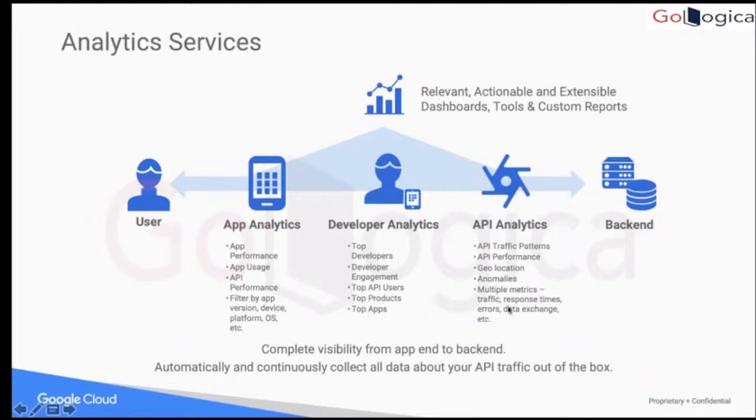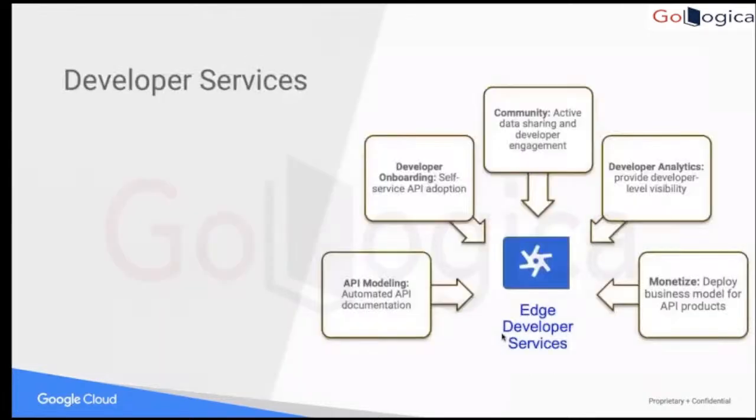API analytics: API traffic pattern, API performance, whichever has the least latency and all those stuff. Response time should be low, or any anomalies, geolocation from where it is getting called and all. So a lot of things you can check in terms of API analytics.